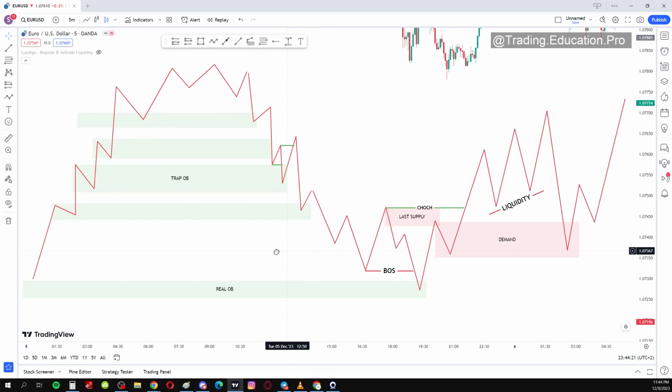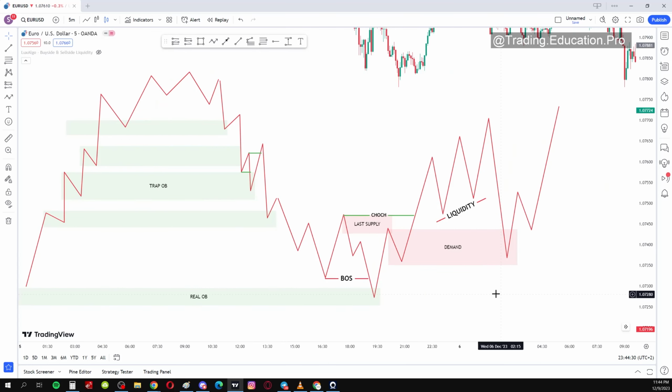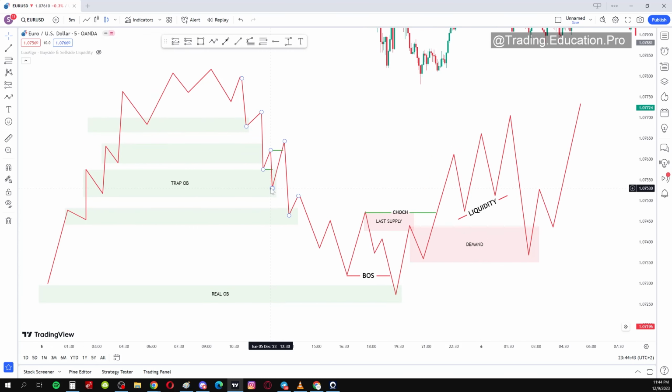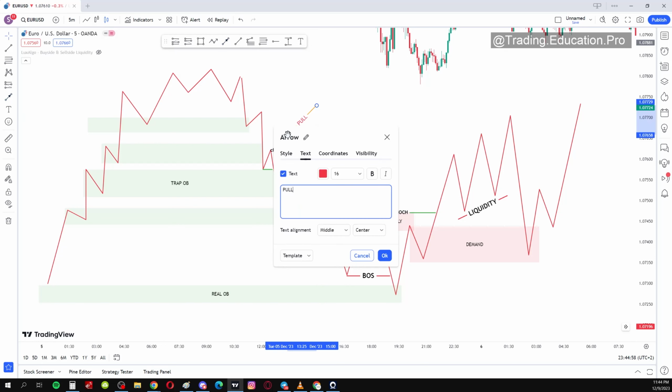And another thing, I would say for confirmation, you need this liquidity here. Most of the time, when you have these little changes of character or whatever you want to call them, these are actually just pullbacks in a downtrend.